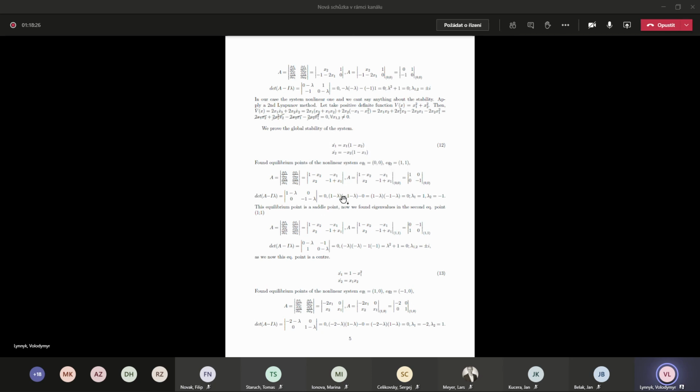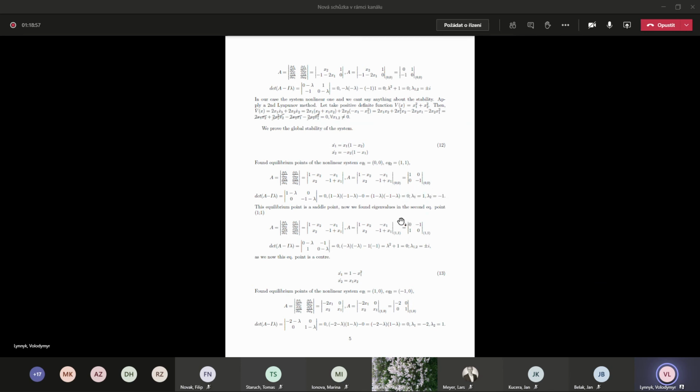We calculate the Jacobian, and for (0, 0) it is equal to the next matrix, and we found the eigenvalues. One eigenvalue is positive and one is negative, so it is a saddle point, this equilibrium.